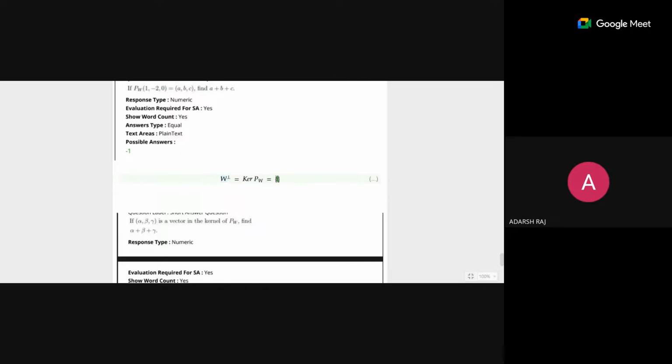W perpendicular is the set of all vectors x, y, z such that, if I take u equal to x, y, z, the dot product between u and the basis of W will be 0. They are orthogonal.